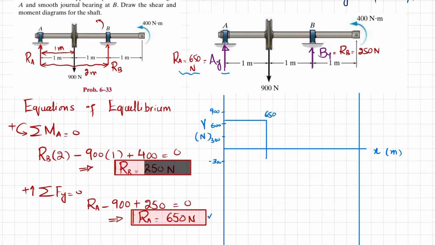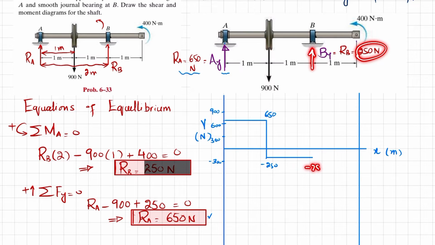So shear force will change from 650 to minus 250. Now you can see again, moving from the 900 load to point B, there is no change in shear force, so it will remain the same till this point. At point B we have a load of plus 250.